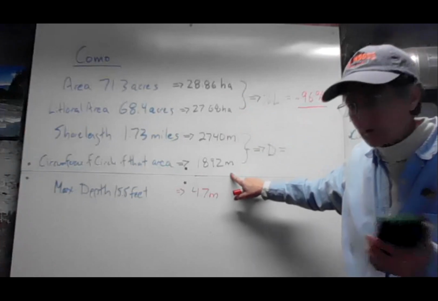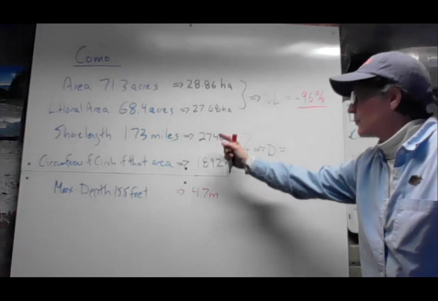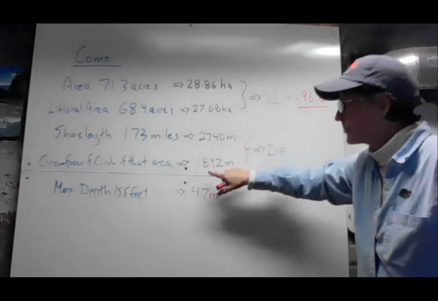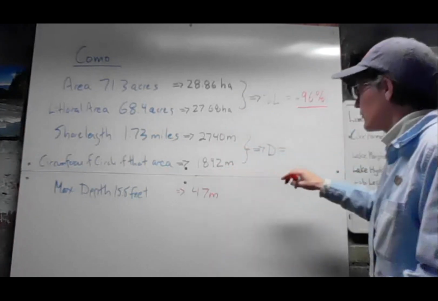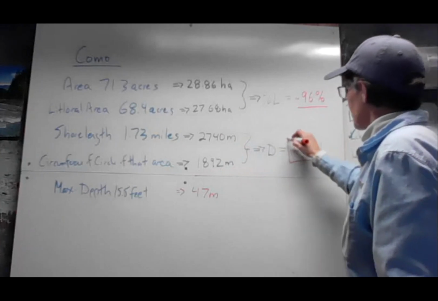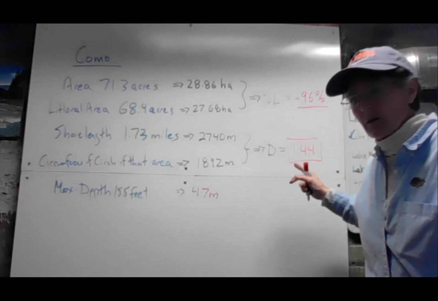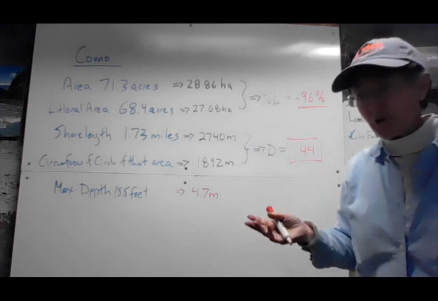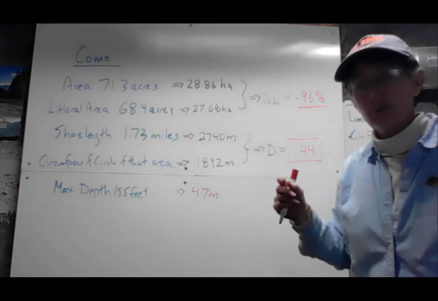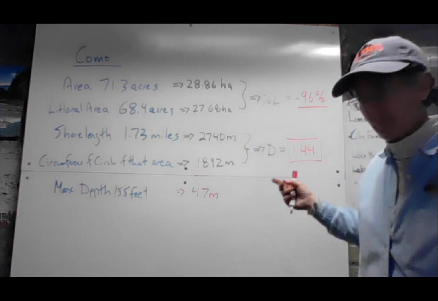Okay, I'm not hearing any disagreement. And so then you just take this ratio, 2.74 kilometers divided by 1.89 kilometers, and I think I get about a 1.44 development factor. In other words, it's like 40% longer than the shoreline would be if it was a perfect circle, right?